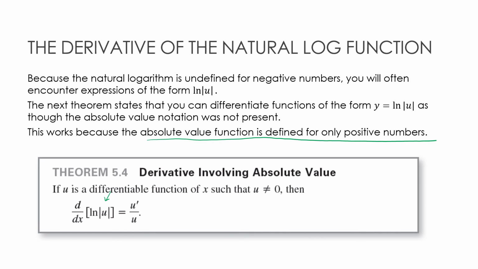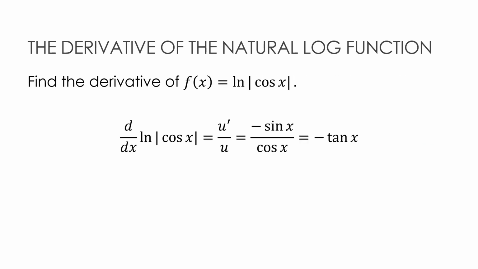So for instance, if I'm finding the natural log of the absolute value of the cosine of x, even though I end up maybe with some negative values when I find the cosine of x, that's okay.